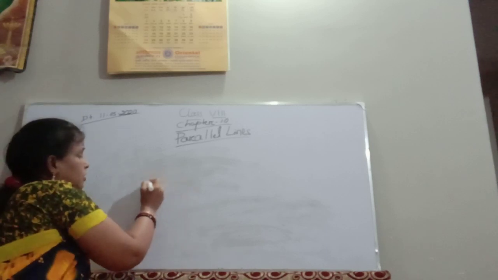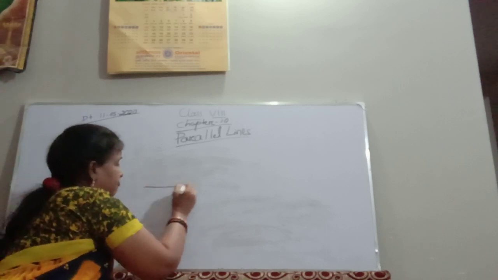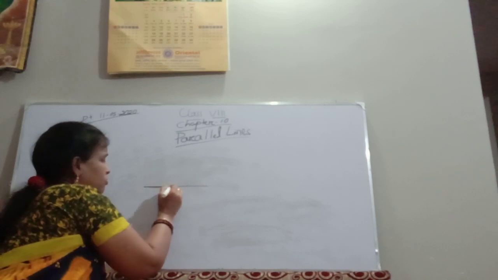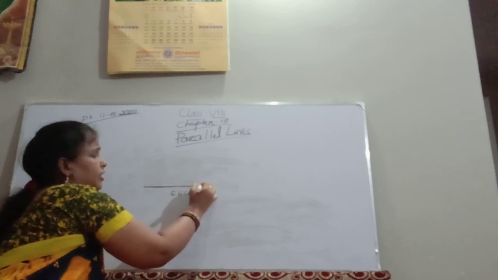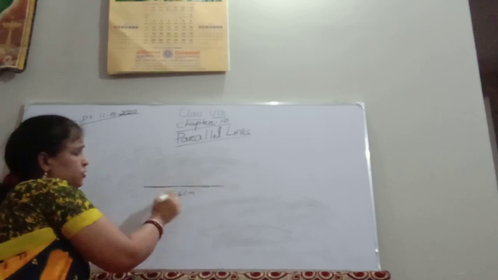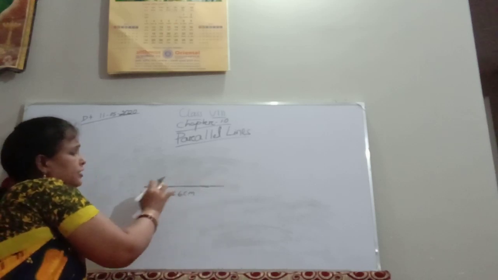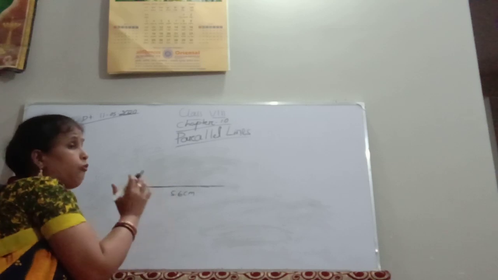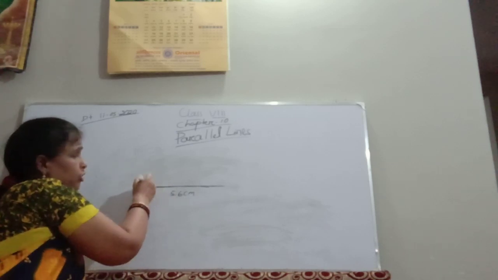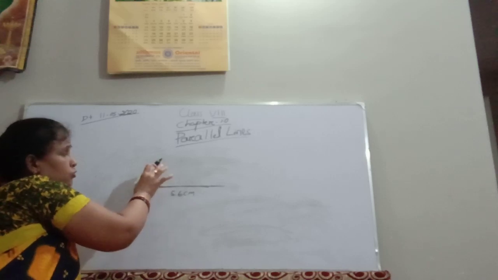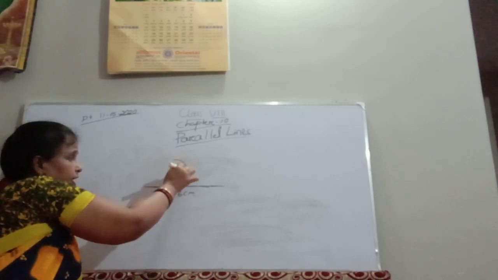So the next worksheet is how to divide a line. Suppose a line is given, 5.6. I don't know what this length is, suppose I take this 5.6 length. The question is, you have to divide this length into 4 equal parts. In previous knowledge, for equal parts you hold the compass like this and draw here like this.